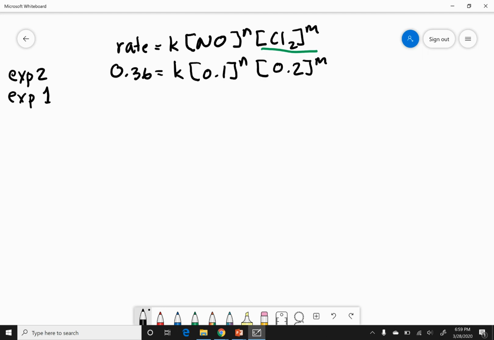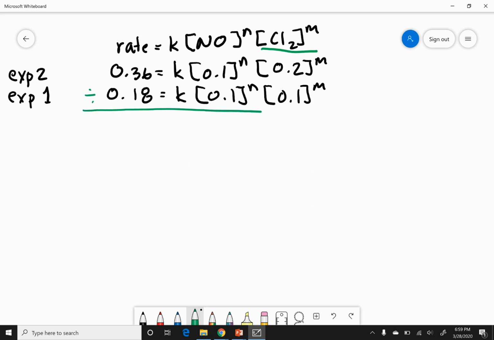Now the next thing I'm going to do is write the data for experiment 1. So we got 0.18 equals K. My NO does not change concentration, so 0.1 raised to the N, but my Cl is going to be 0.1 raised to the nth power. And again, I'm going to do my division.